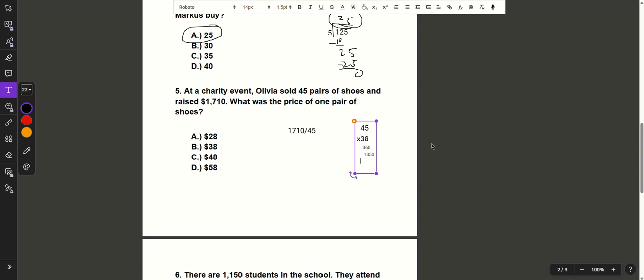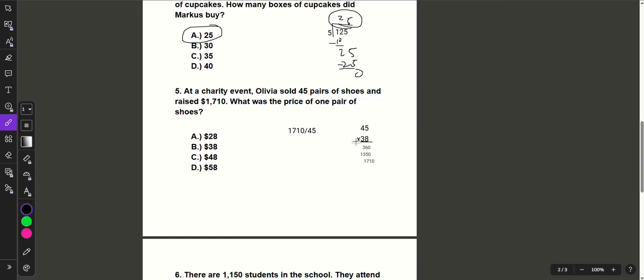So then if we add this up, let's line it up so it's easier. The answer will be 38.